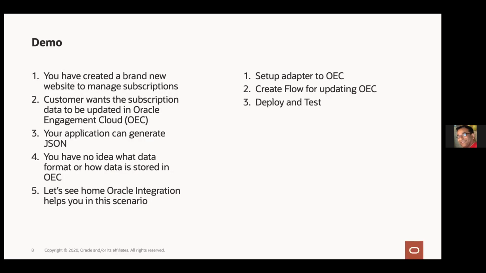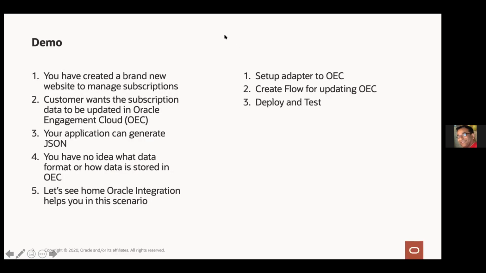You are able to make REST calls from your application. Of course, you have no idea of how Oracle Engagement Cloud works. You don't want to know it. It's not required. But you want to be successful in doing that, because then it increases the visibility of your capability with your customer, right? So let's look at how exactly we will do this.